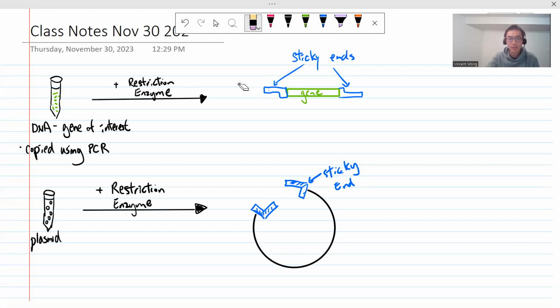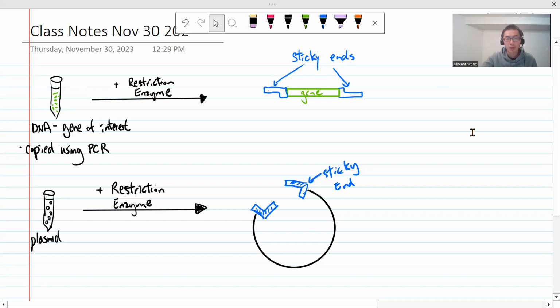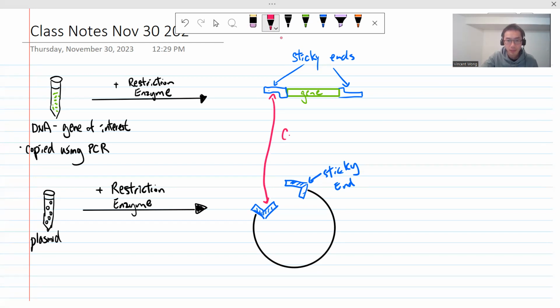As long as the restriction enzymes are the same, the sticky ends that we created for the gene and the plasmid will be compatible. Right? So I'll put it here, compatible. It means it would be able to insert itself into the plasmid.